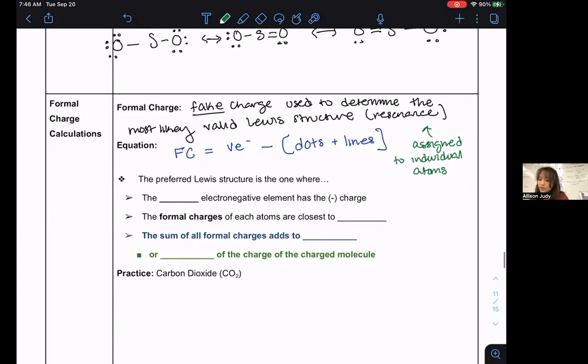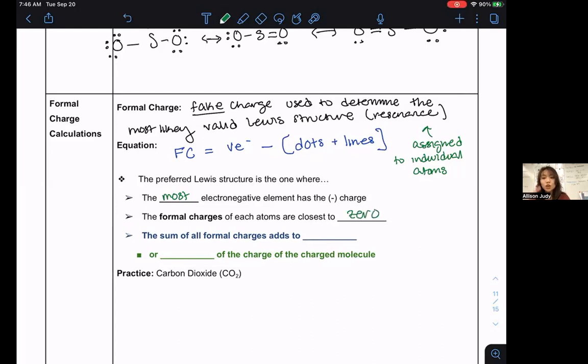First and foremost, the most electronegative element always carries the negative formal charge. So if you have to have a negative formal charge assigned through your little mini equation here, you would prefer it be on the most electronegative element. That's one giveaway for the preferred Lewis structure. The second is that the formal charge of each atom is the closest to zero.